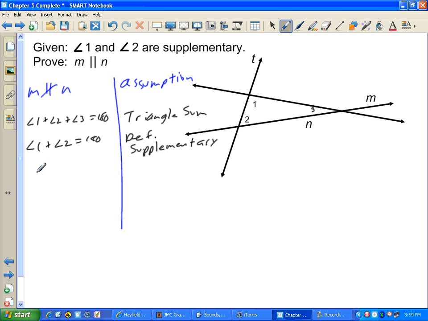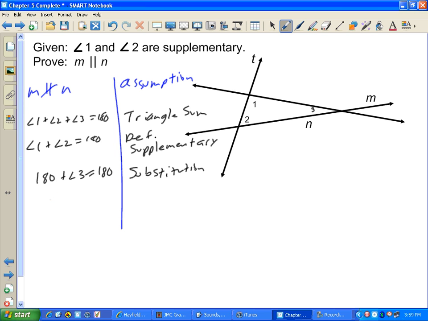And then by substitution, I'm going to take out 1 and 2 from here and put 180 in there. I would have 180 plus angle 3 equals 180. So that's just substitution.